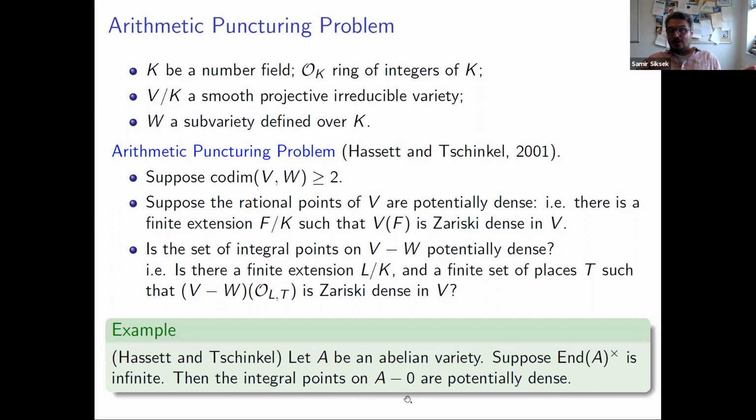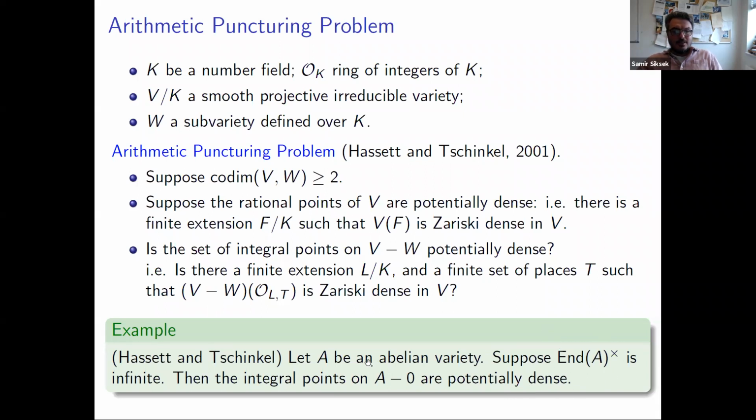The reason this works is because applying an element of the endomorphism ring and reducing modulo a prime, those two operations commute. So the invertible elements end up preserving integrality. As soon as you've gone to an extension where you have some integral points, you can construct infinitely many integral points by this action.